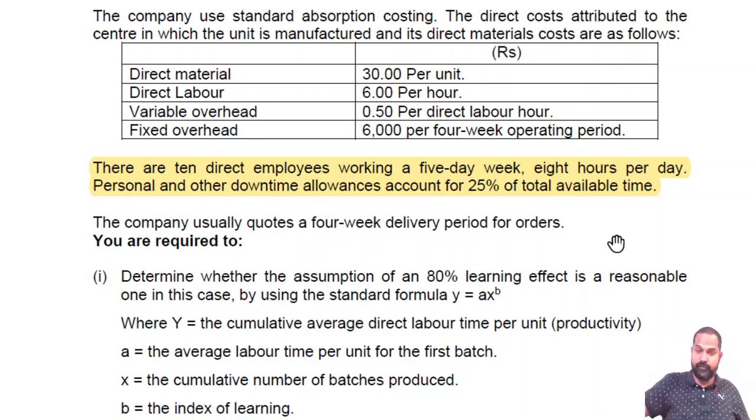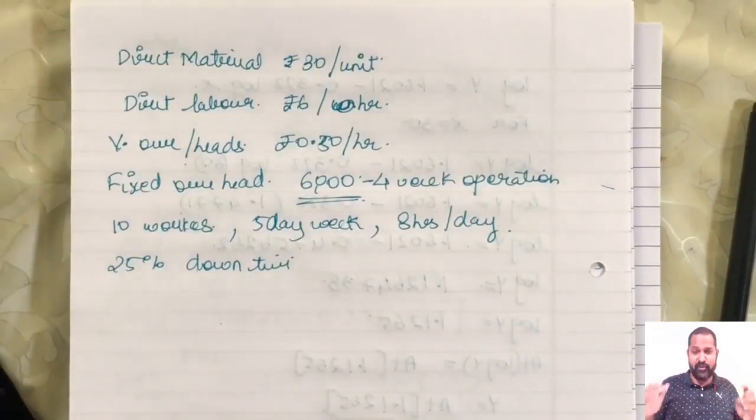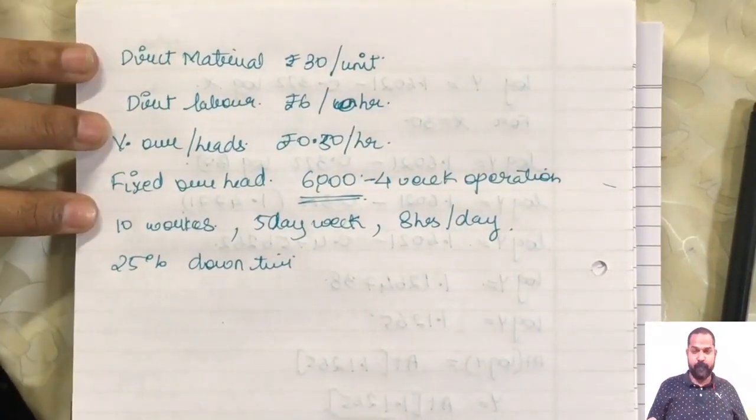So let me write that down: 10 workers working a 5-day week, 8 hours per day, and a 25% downtime. Why? Workers doing physical labor get tired, sometimes they have to use the washroom, electricity is not there, raw material has to be used. So I'm giving them a 25% downtime.